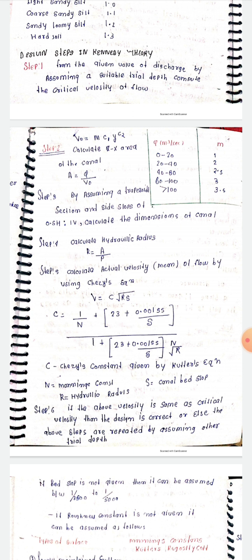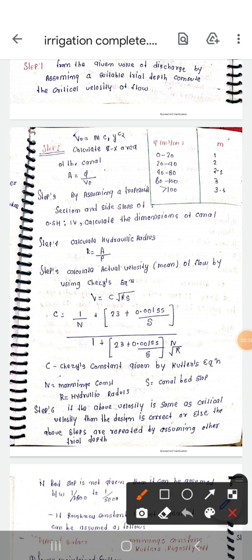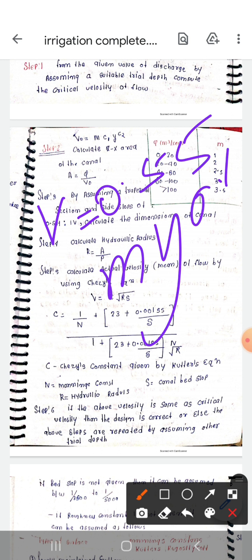Now the first step is, from the given value of discharge, if the discharge is given in the question, we can assume a suitable trial value of depth and compute the critical velocity of the flow. Critical velocity of the flow was given by this formula: V is equal to 0.55 m y to the power 0.64.